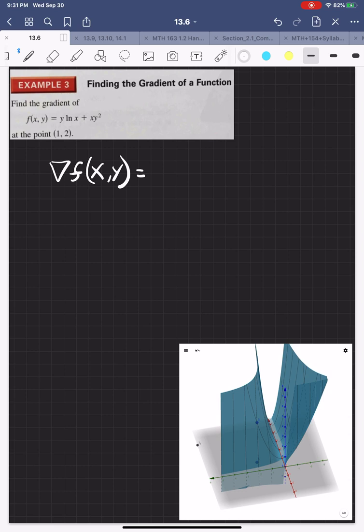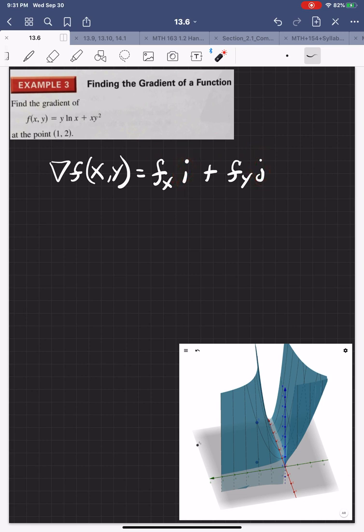is going to be equal to, well, we need the partial with respect to x, and we're going to need the partial with respect to y. And what you are going to have to be careful with is that you don't put a cosine of theta, sine of theta in here, because that is when you're dealing with directional derivatives, and directional derivatives are not vectors.